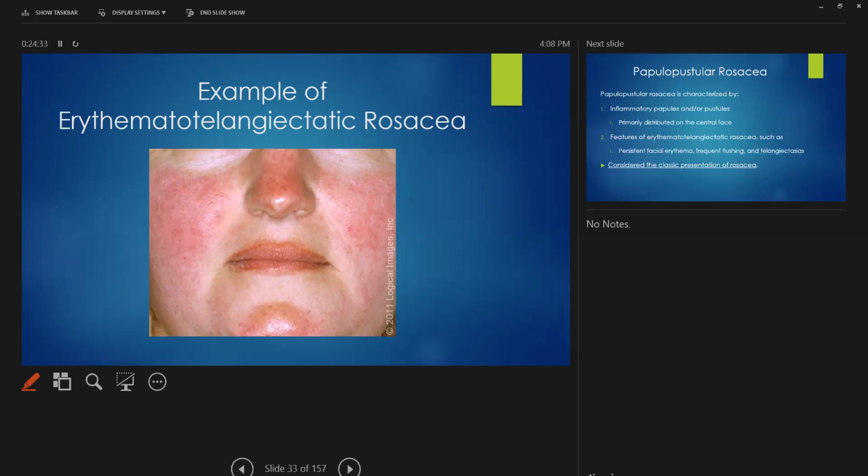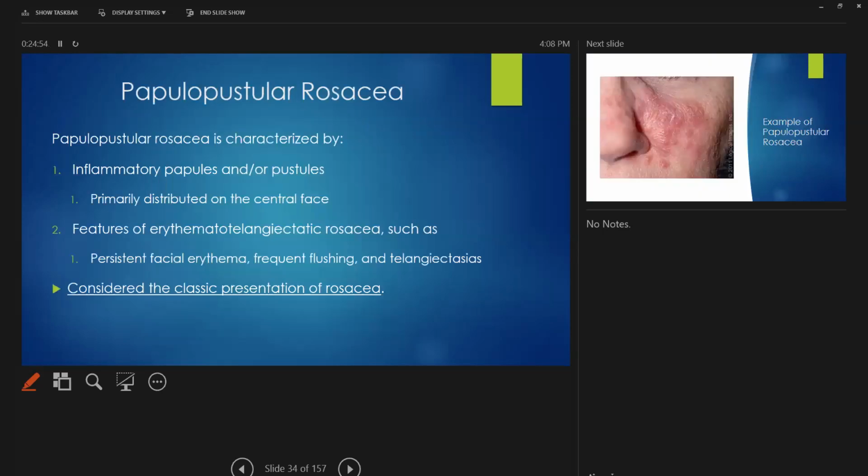Now in this case, it's difficult to say because it does kind of spare her nasolabial fold, but at any rate, this is rosacea. You can also see the dryness of the lips here. Basically, you're talking about a person with very sensitive skin that has this.